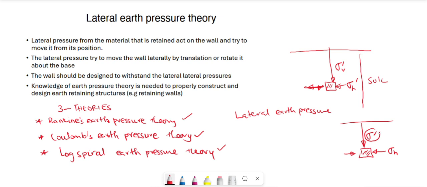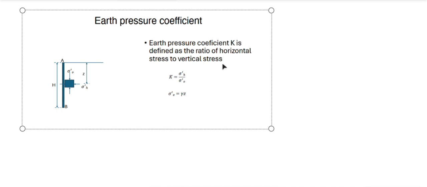Now it's very easy to find this geostatic stress by the formula gamma H. That is the unit weight of the soil and the depth at which we are considering. But it's very difficult to find that of the horizontal. And so we introduce what we call the earth pressure coefficient. So we are going to look at the earth pressure coefficient and what it's all about.